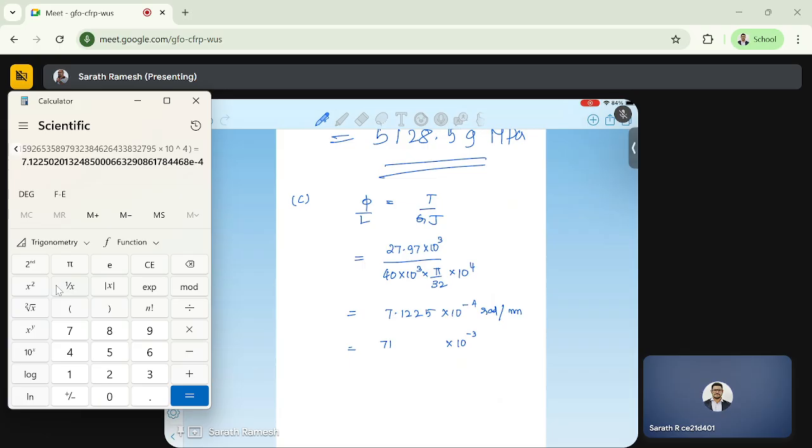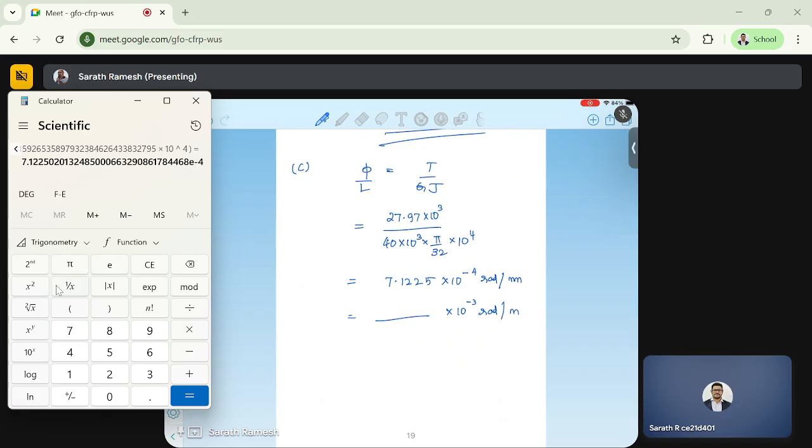I want to write finally in terms of 10 power minus 3 radians per meter, so I'll just multiply by 10 power 3.